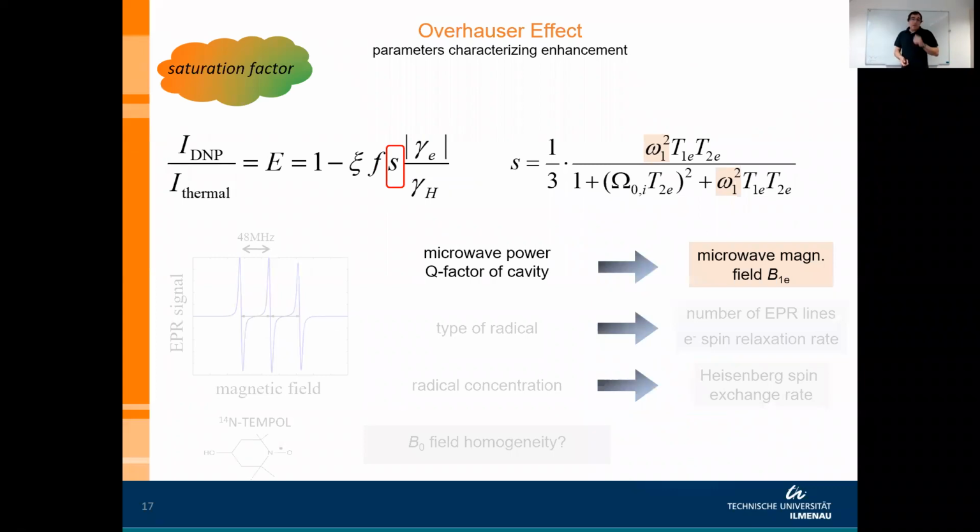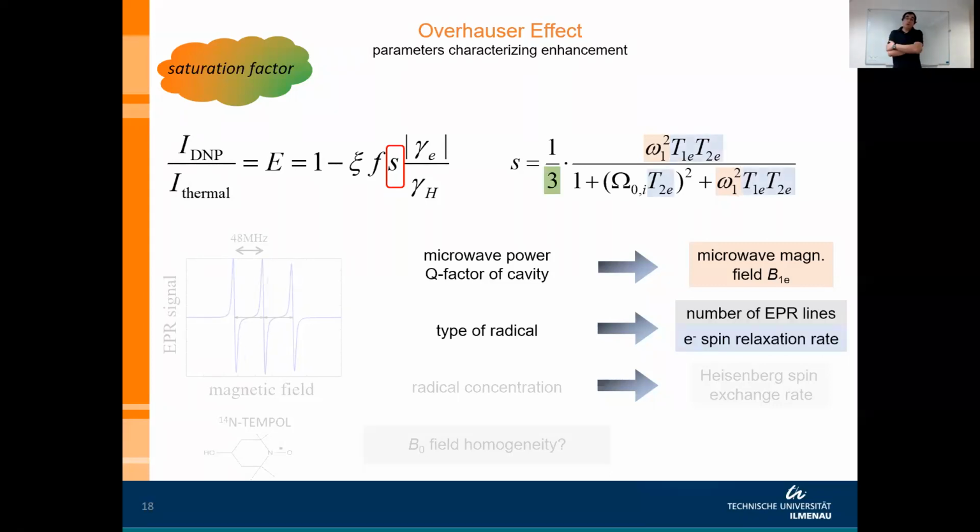The next factor that we have to describe is the saturation factor. We can describe this by the formula here, the equation on the right side. You see that this saturation factor depends on the magnitude of the microwave magnetic field, this omega 1, basically, and then on relaxation properties. That means it also depends on the type of radical.